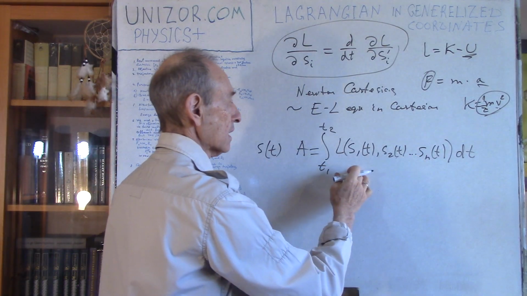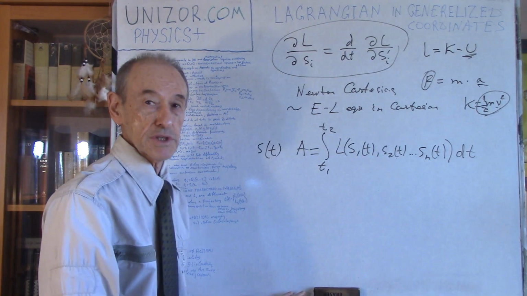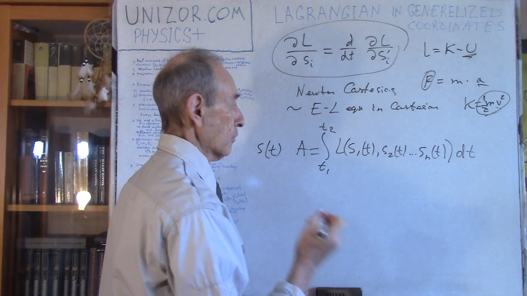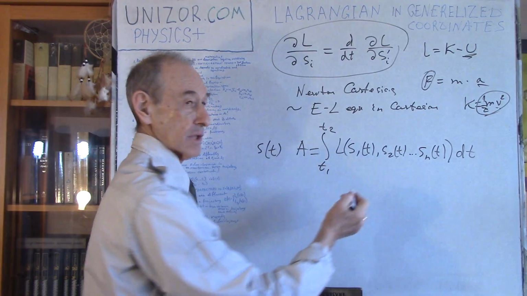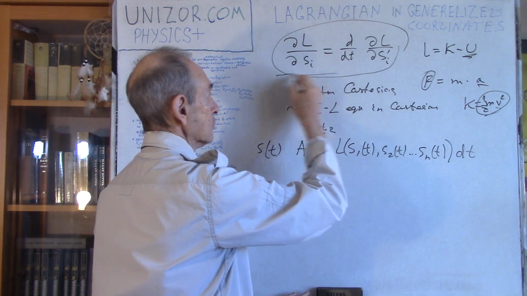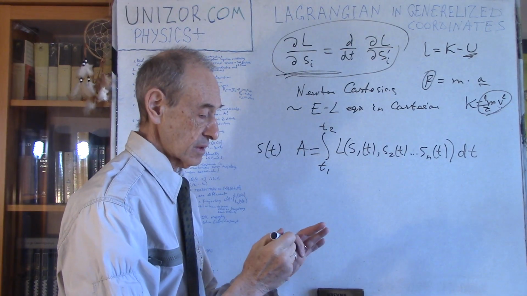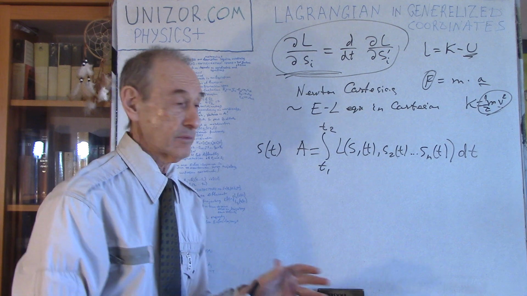Explicitly it's a function of coordinates, but since every coordinate is a function of time, this makes it a function of time. Now, if I would like to have an extremum of this action integral, I have to actually solve this equation. This is part of the variations lecture which we have already covered.